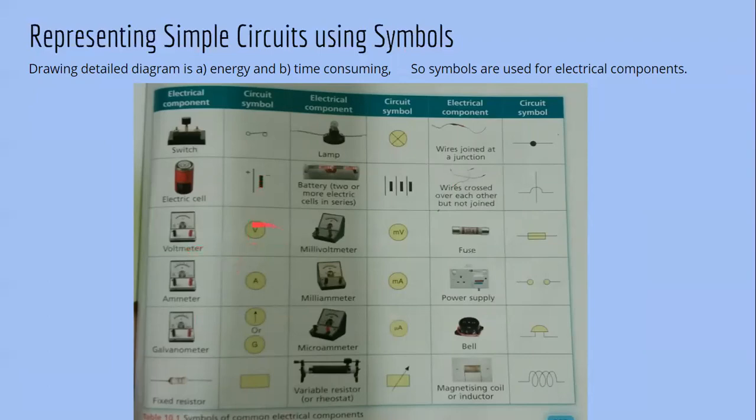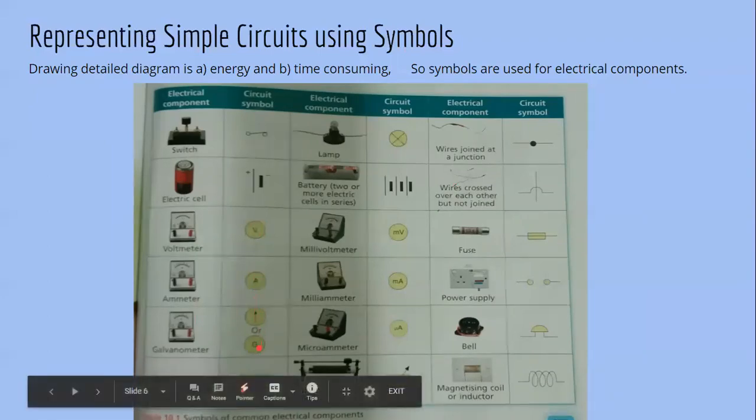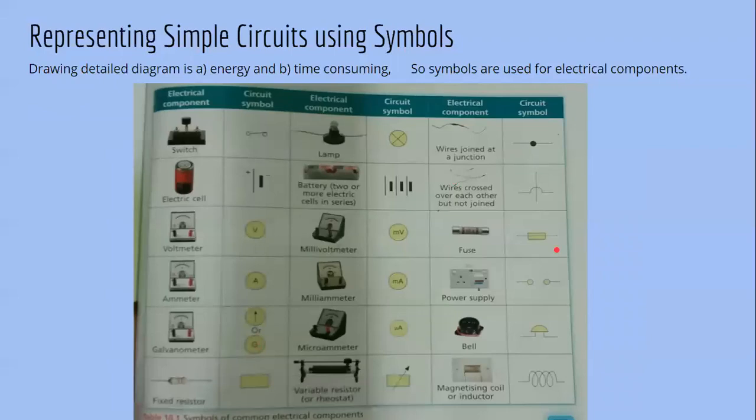For a voltmeter, you have a V encircled, for an ammeter you have an A encircled, and for a galvanometer you have a G encircled. For a bulb, you use this symbol. Likewise for a battery, because a battery in science means two or more cells connected in series.